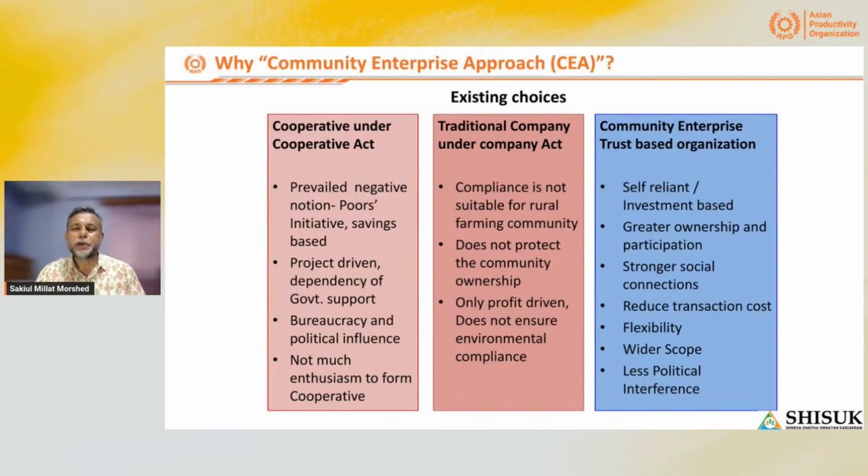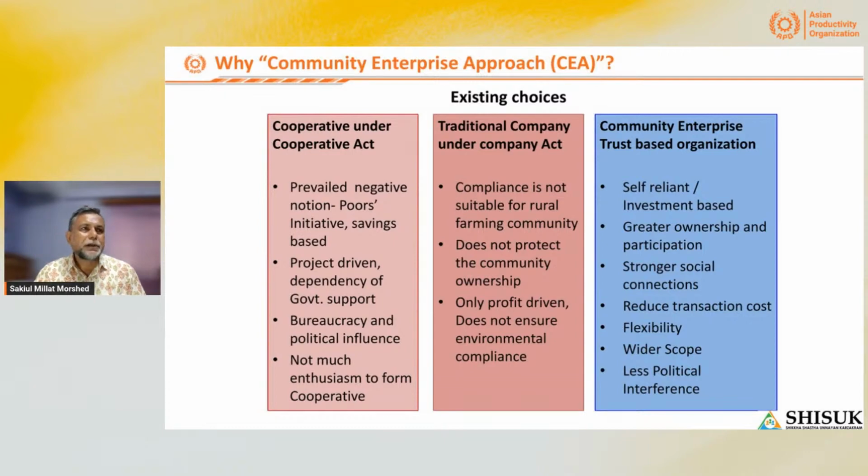The alternative choice was company formation, which is not very suitable for a rural farming community, because the compliance is the same whether you are a multinational company or a rural company. This is difficult for our rural farming community. And it doesn't really protect the community's ownership.